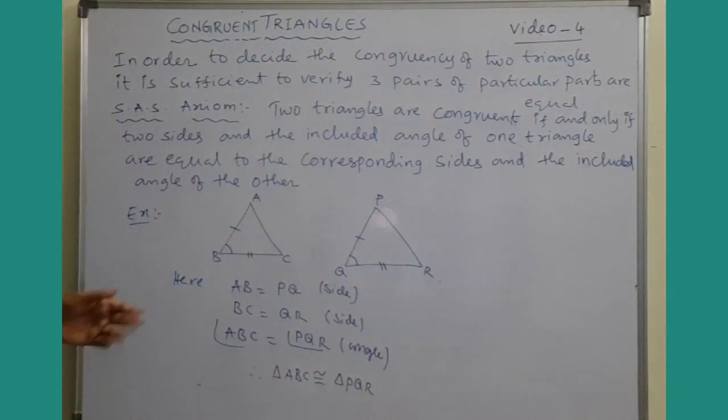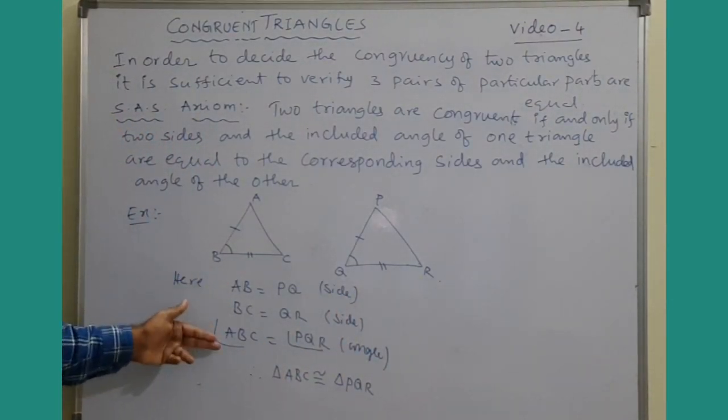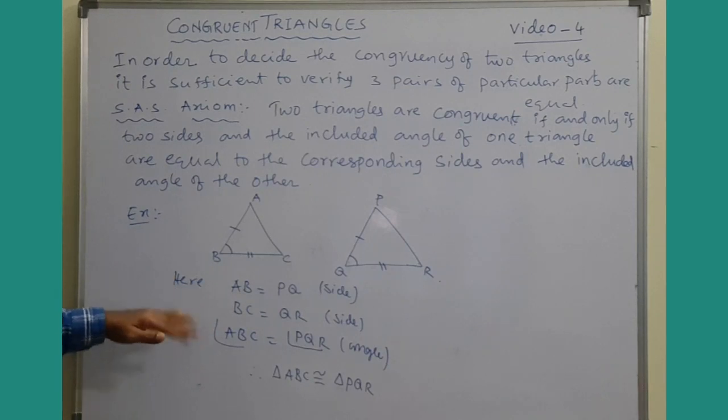Since here two sides and the included angle are involved, this axiom is treated as the SAS axiom. So what are the three parts? Two sides and one angle.